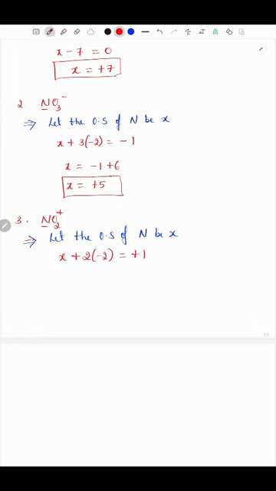Why +1? Because the overall charge on the molecule is +1. X plus 2 into -2, which is -4, so X minus 4 equals +1. X equals +1 plus 4, which is +5. Hence the oxidation state of nitrogen in NO2 plus is +5. This is how we calculate the oxidation state of an atom in a given molecule.